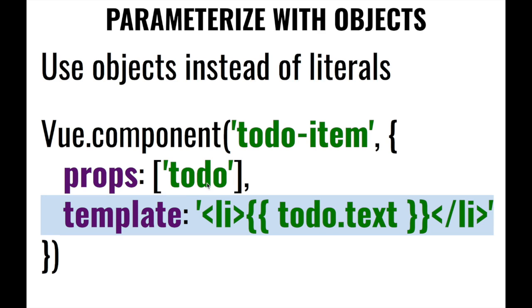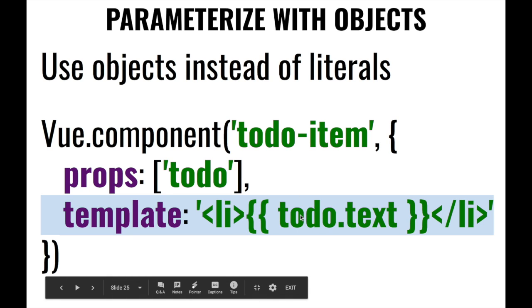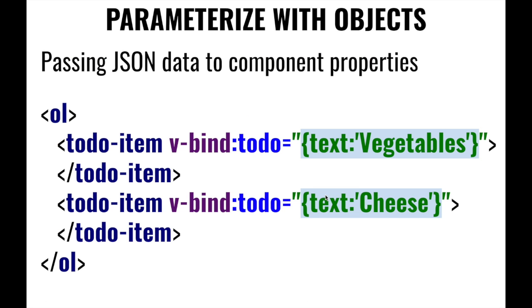For instance, here we still have an attribute declared as todo, and that todo presumably is an object that has a field called text, and here we're accessing it using the dot notation. And then we can pass in a JSON object that has a field called text and the value for that field. All right, so let's play around with that a little bit.